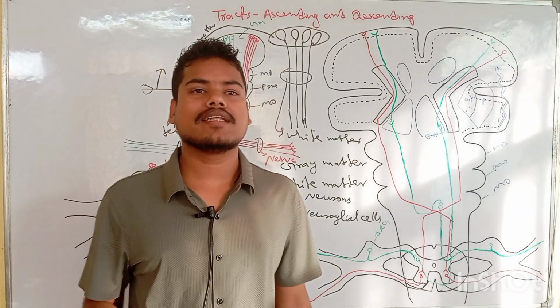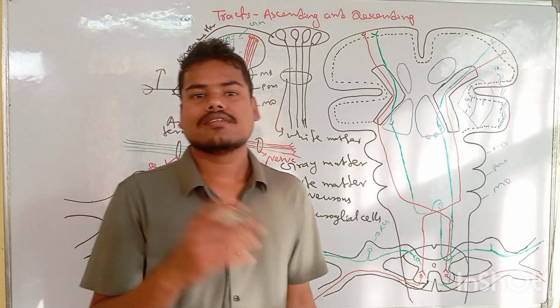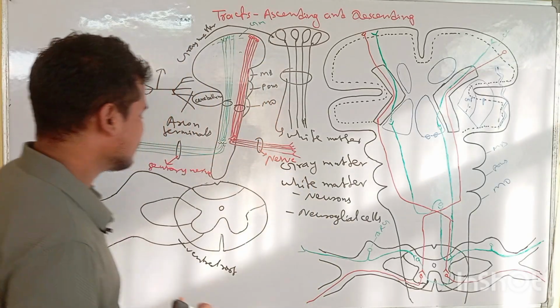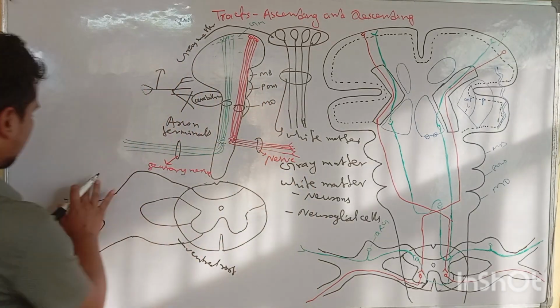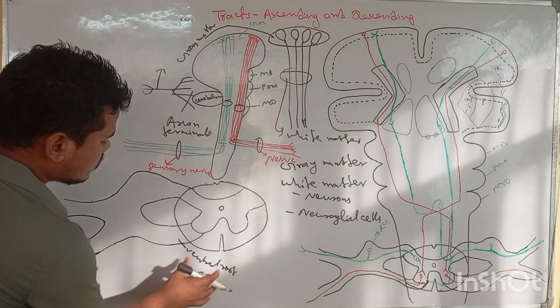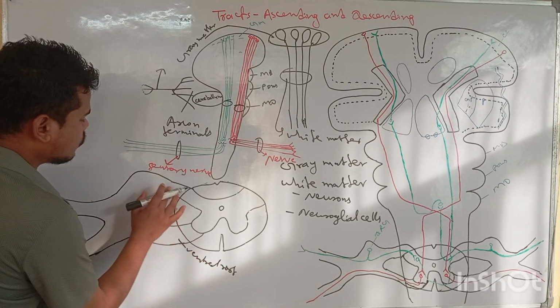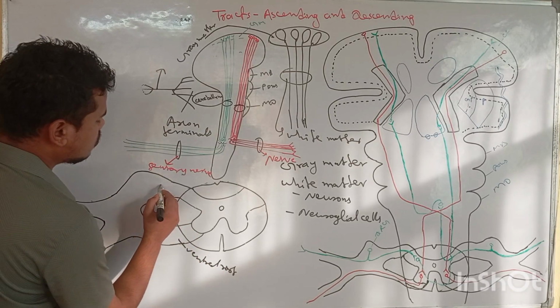So what organs are they? Please find it out. Okay, so this will be the ventral root and this will be the dorsal root.